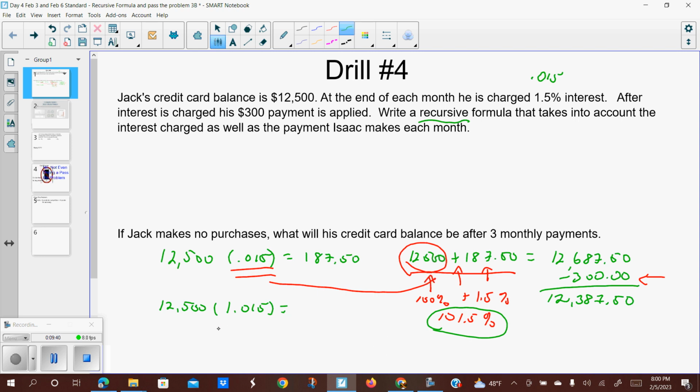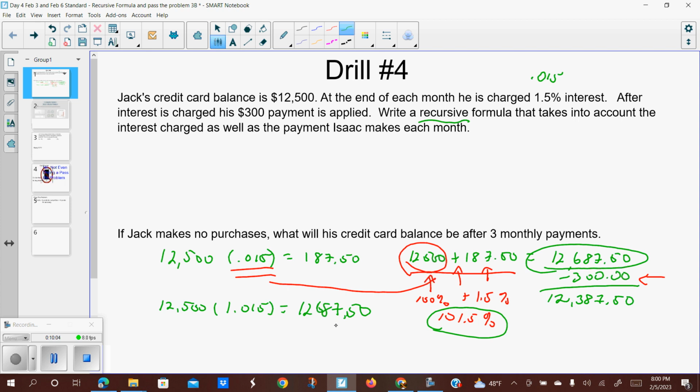All right, so if you've paused it and you come back, this typed in should have given you $12,687.50, which is this number up here. And then we still have to subtract the $300.